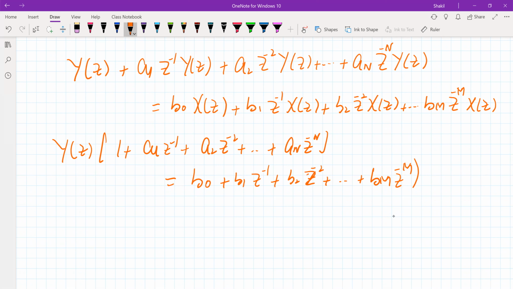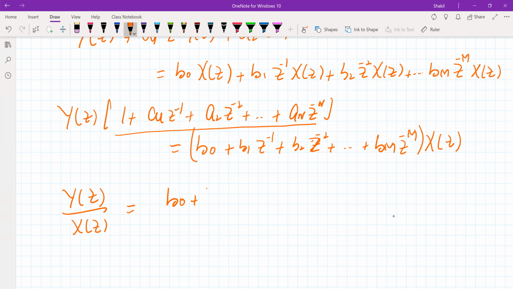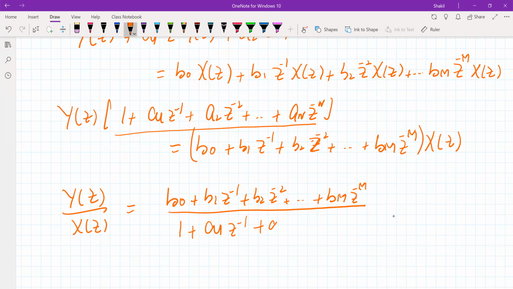Dividing both sides by x of z and taking this term to the right hand side, y of z divided by x of z will be b0 plus b1 z inverse plus b2 z raised to minus 2, so on up to bm z raised to minus m, divided by 1 plus a1 z inverse plus a2 z raised to minus 2 plus so on, an z raised to minus n.